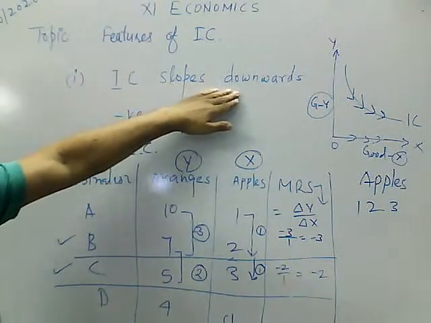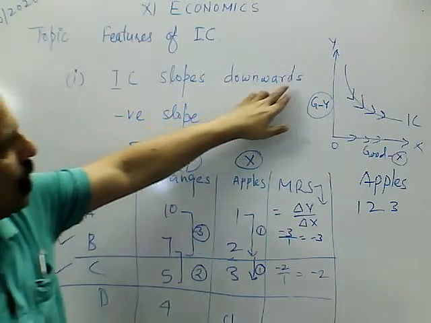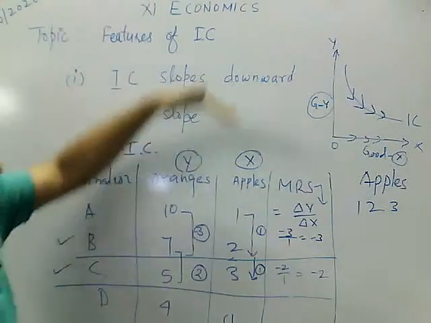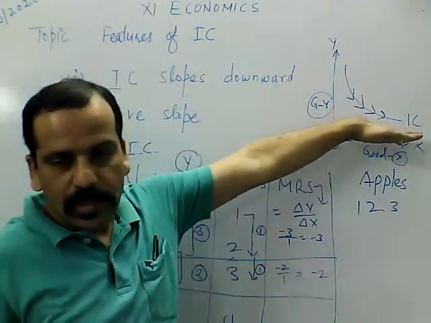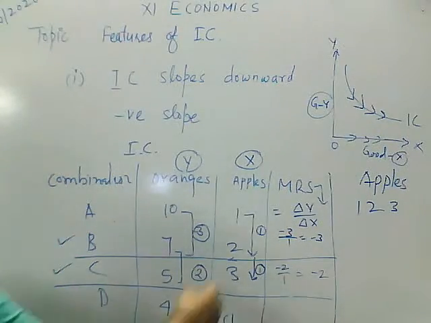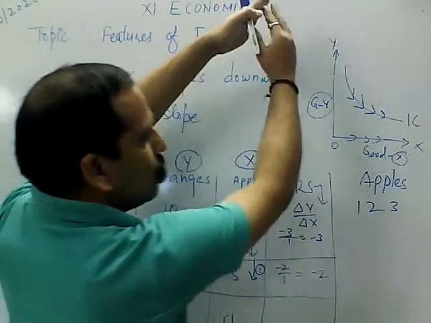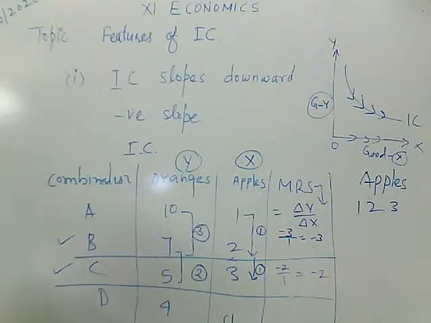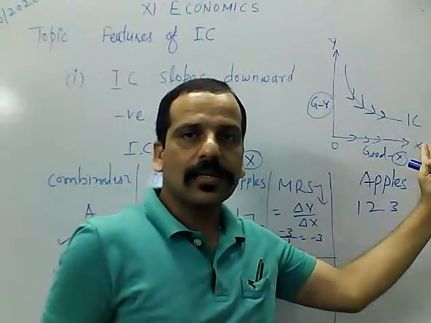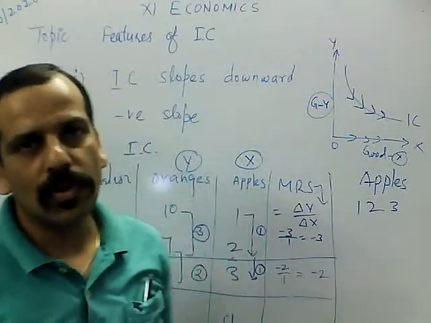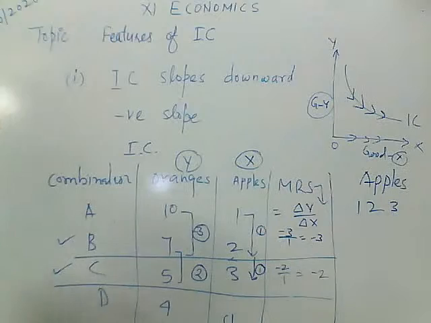Downward means the slope of the indifference curve goes from left to right. What does it mean? That to get one more unit of X, the consumer has to sacrifice more and more units of Y.